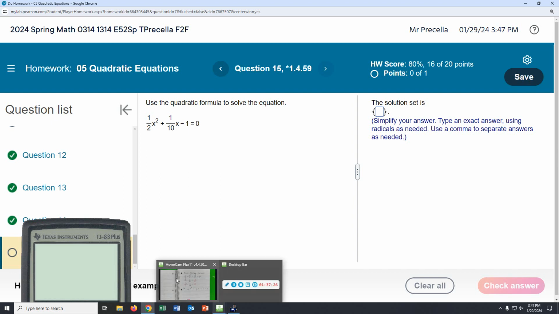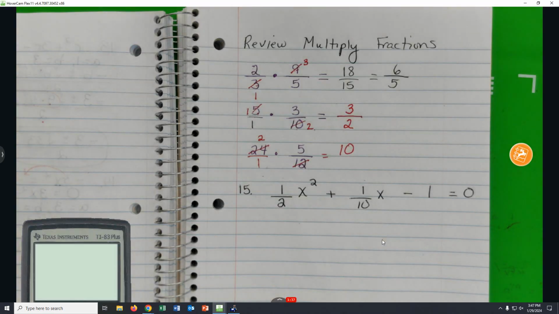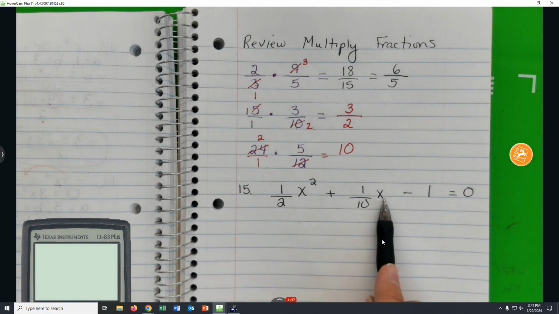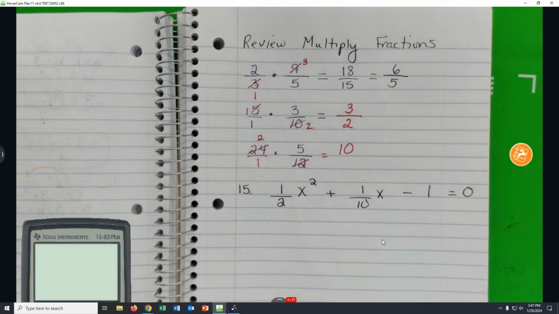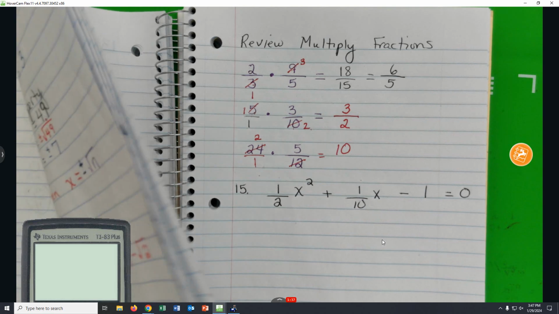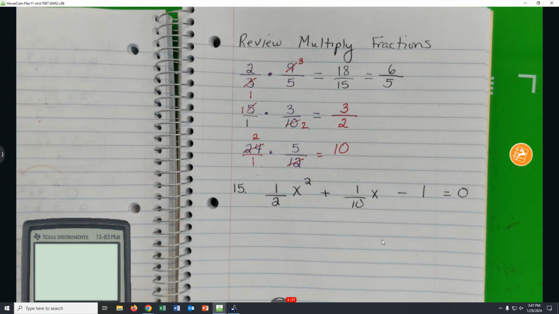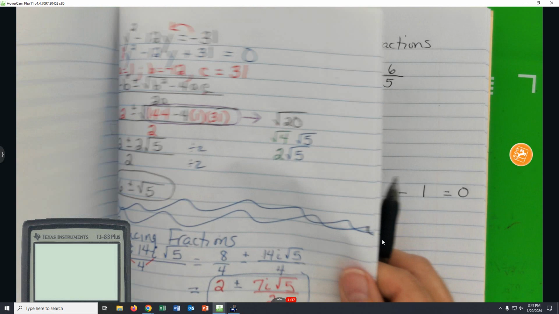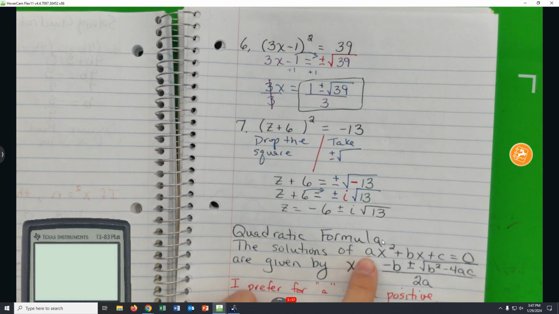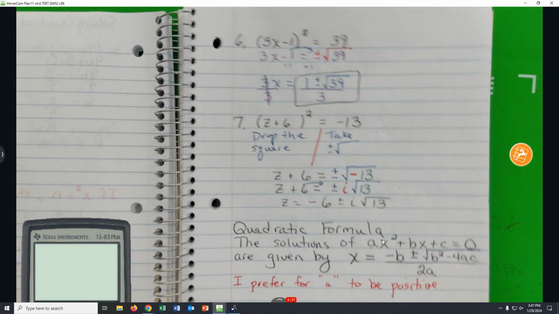See, theoretically, this thing's in standard form. Nothing in the quadratic formula says that you can't have fractions for a, b, and c. I didn't say they can't be fractions.